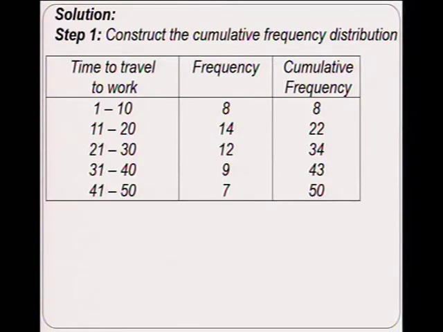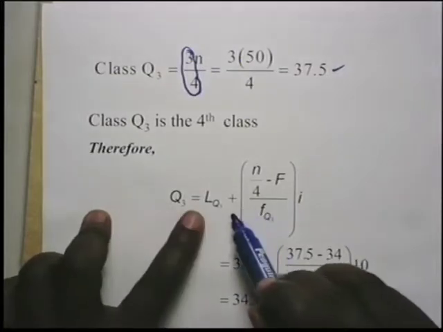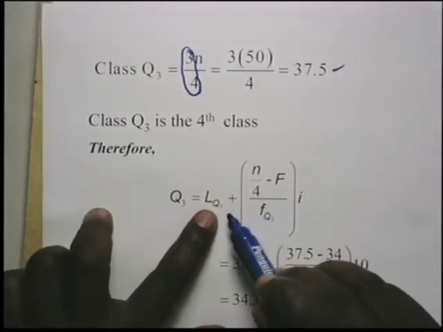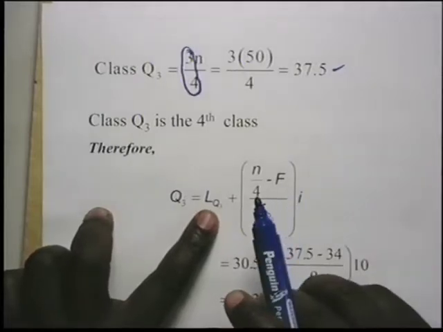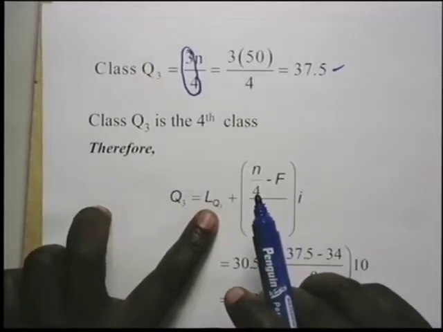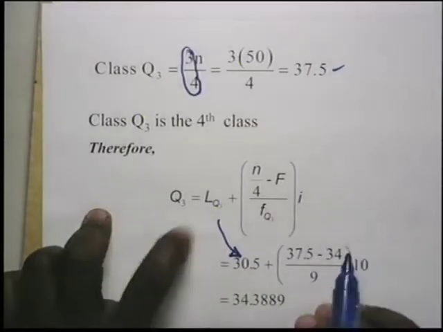That's where we find it when you look at our cumulative frequency. Now, if we look at that row, our LQ, which is the lower limit, becomes 31, or we add 30 plus 31 divided by 2, and we get 30.5. That's how we got to this 30.5.